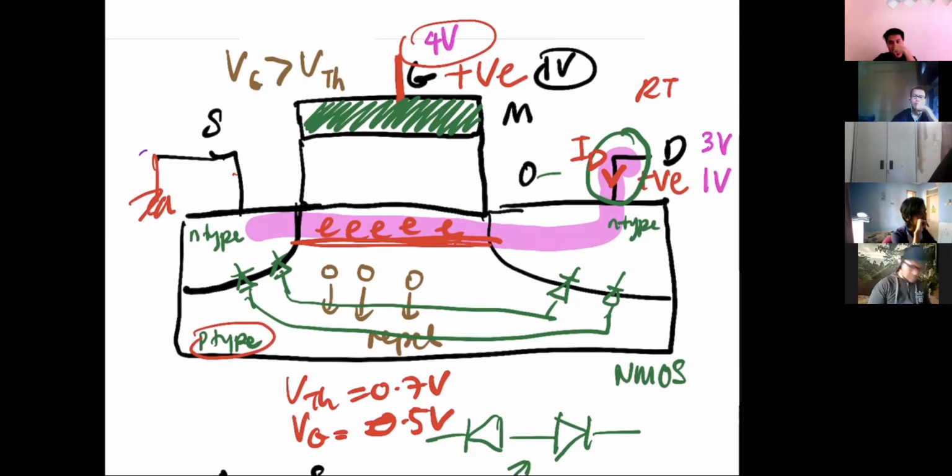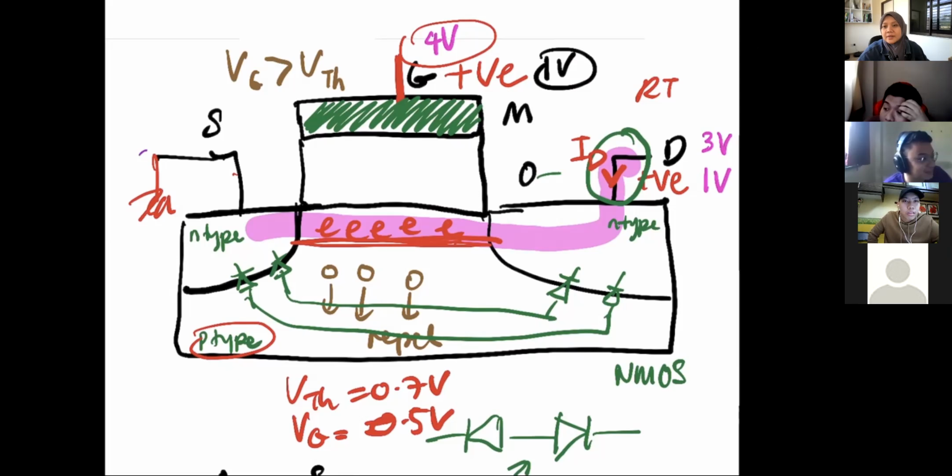I make the gate voltage the same. I change the drain voltage from 1 to 3 volt. What happens inside the MOSFET? Hazim, do you think there's any difference or not? I think there is a difference. What do you think?